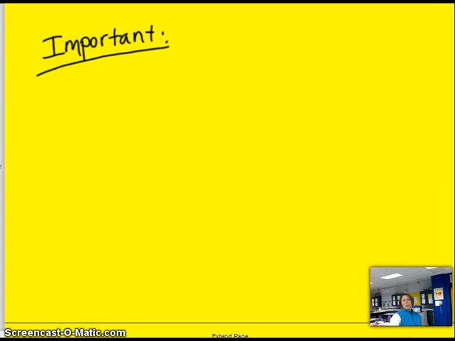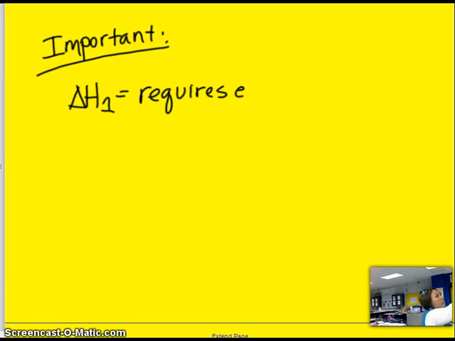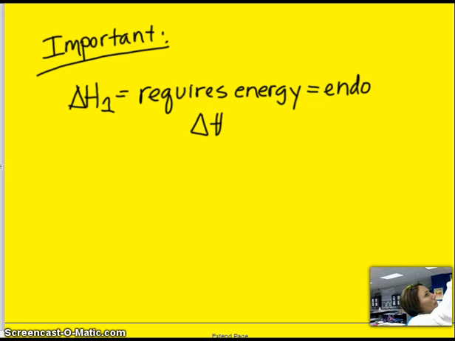So when we talk about the energies for this step, for delta H1, in order to spread the solute, this requires energy. And depending on what solute you have, it may require more energy or less. If the process is energy requiring, then it's endothermic, and delta H will be positive.